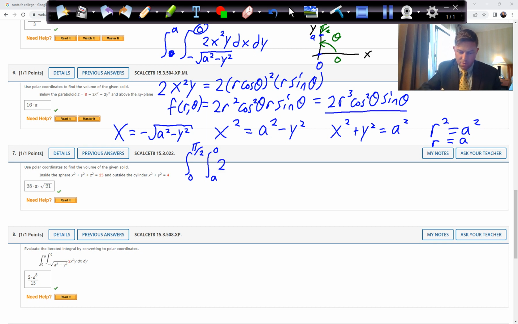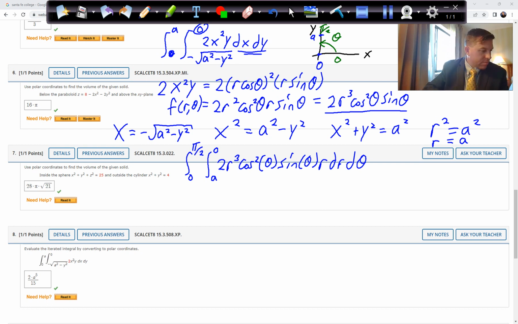Then we have all of this stuff. So we have 2r cubed cosine squared theta sine theta, and then dx dy is going to change to r dr d theta.